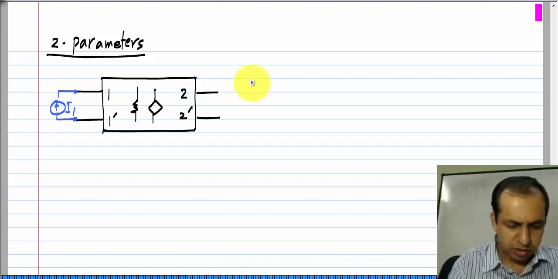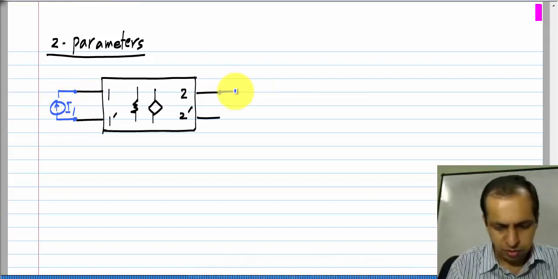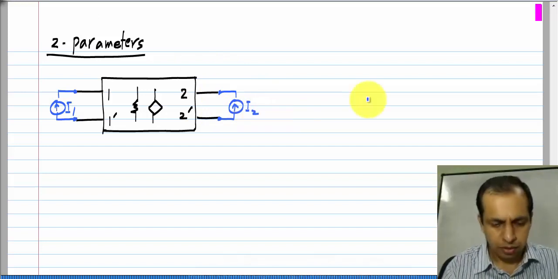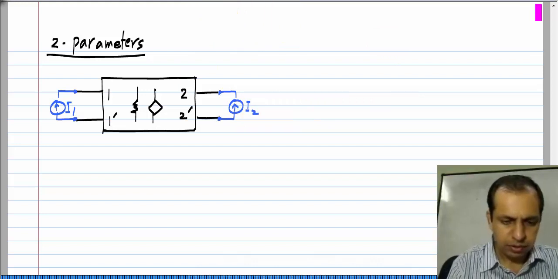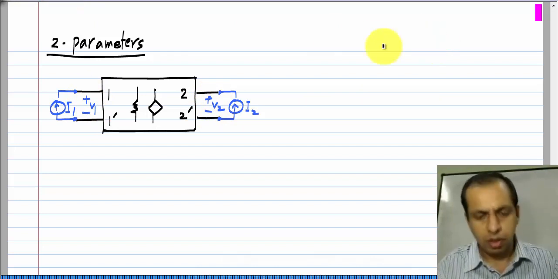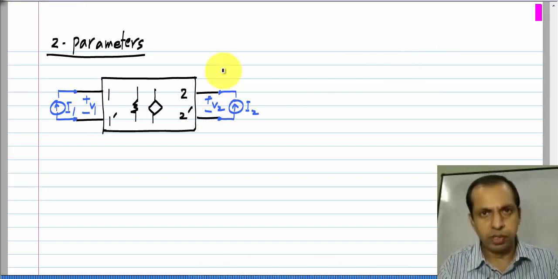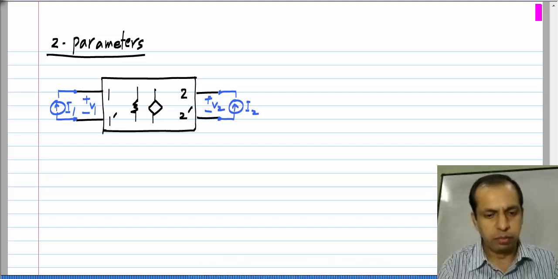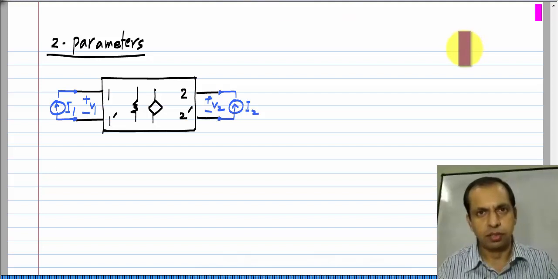You apply I 1 and I 2, and you measure V 1 and V 2, and of course, V 1 and V 2 will be linear combinations of the two independent sources which are in the circuit.